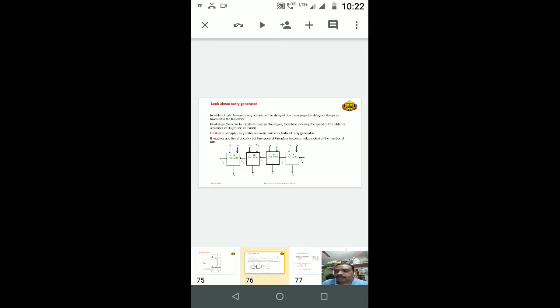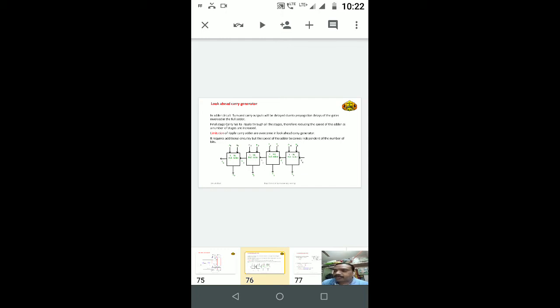We already saw the definition of the half adder, its block diagram, its truth table, its K map, and finally its logic diagram. In a similar way we already saw the function of the full adder, the half subtractor, and the full subtractor.